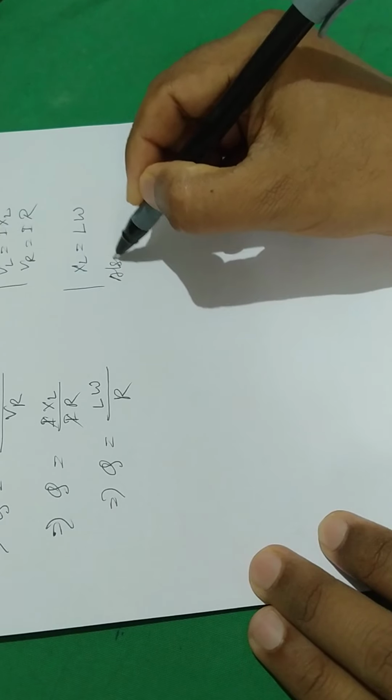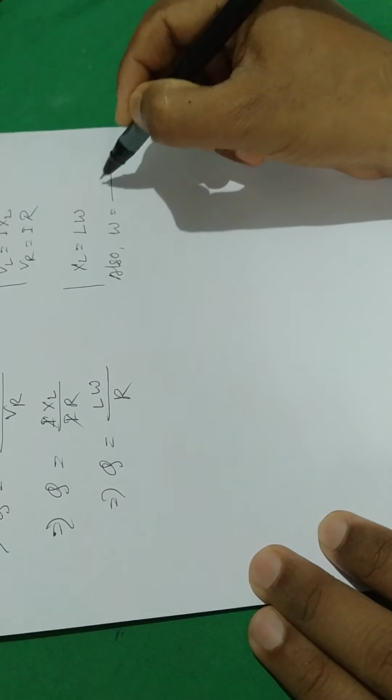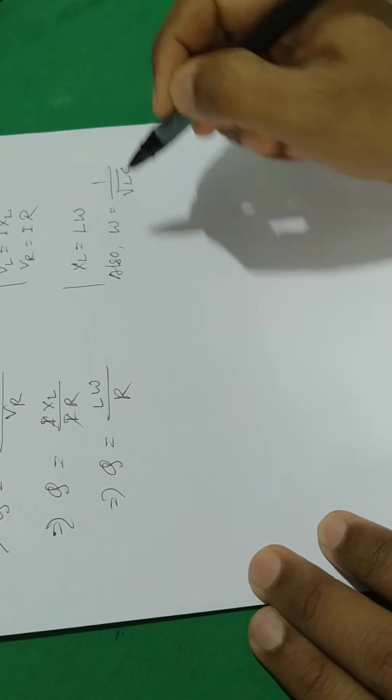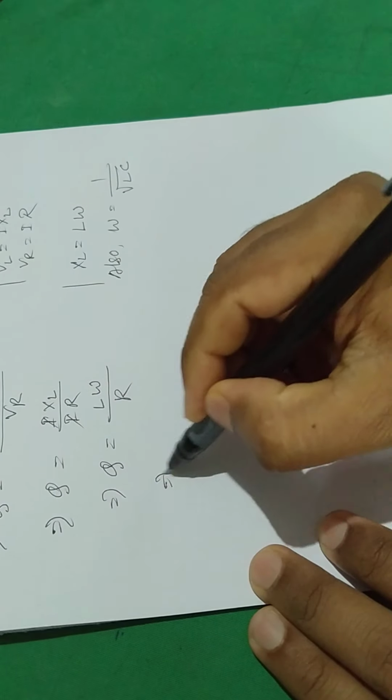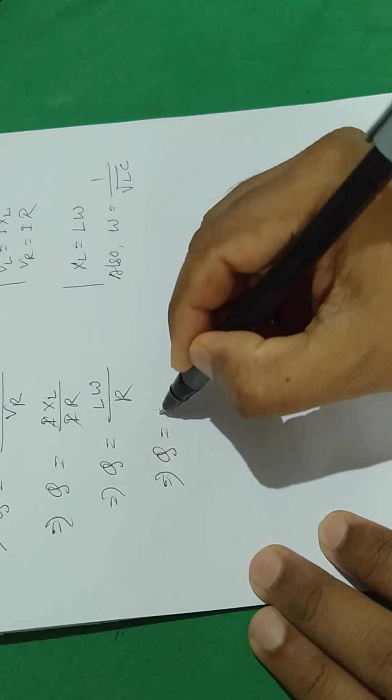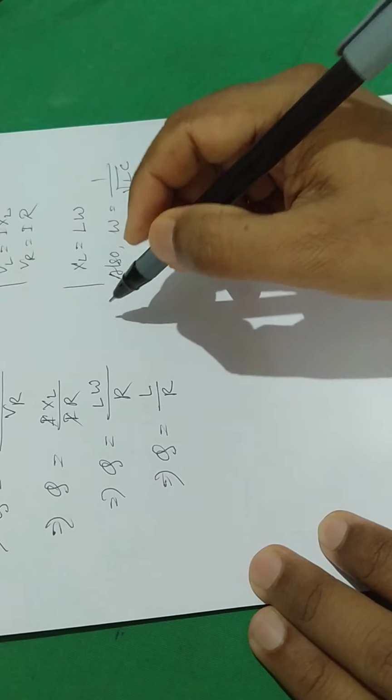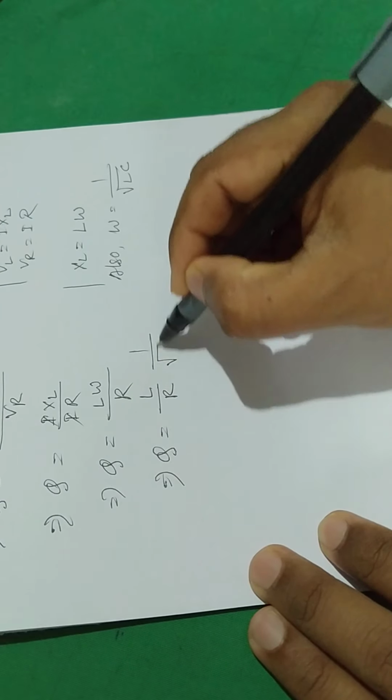Also omega equal to 1 by root of LC. Therefore Q equal to L by R times 1 by root of LC.